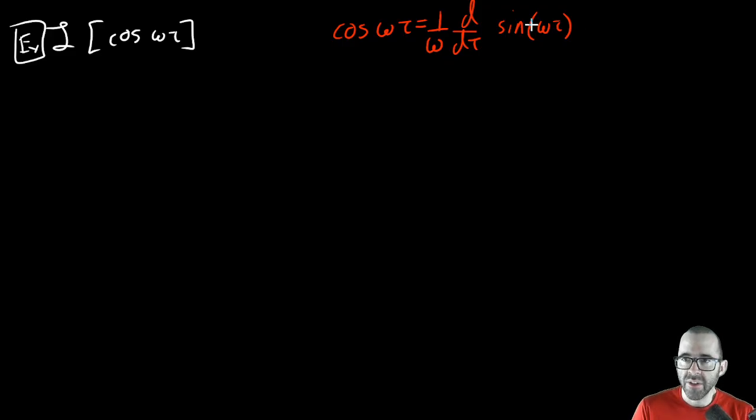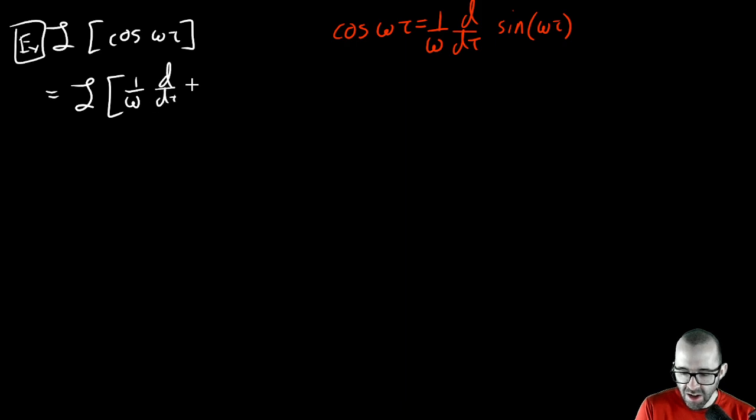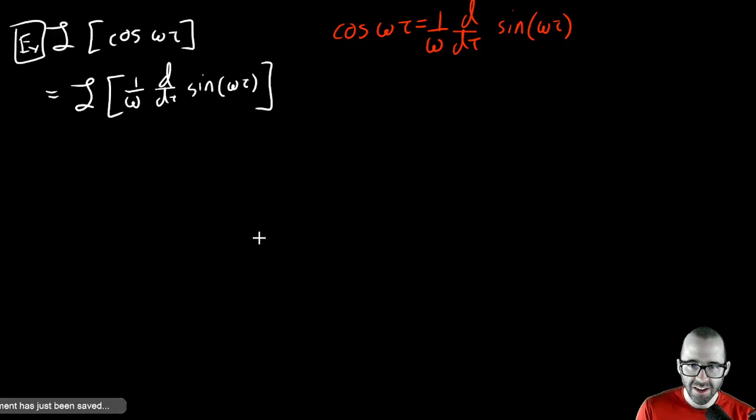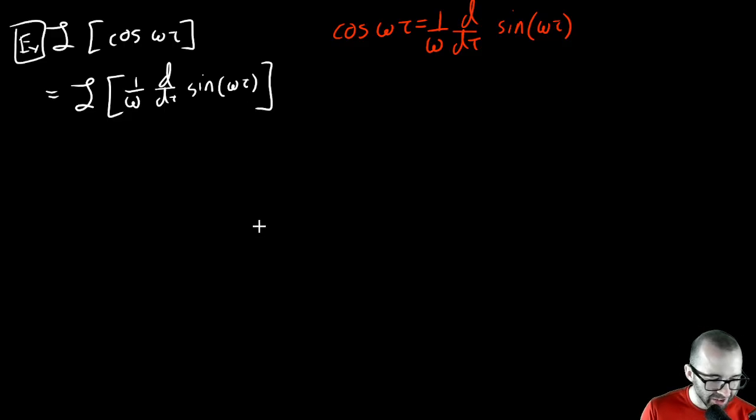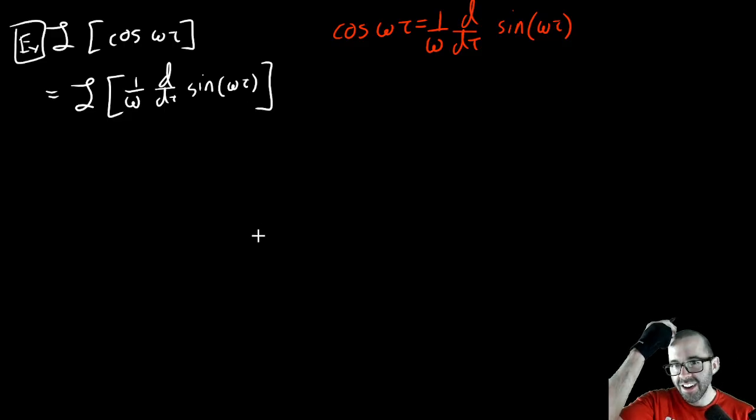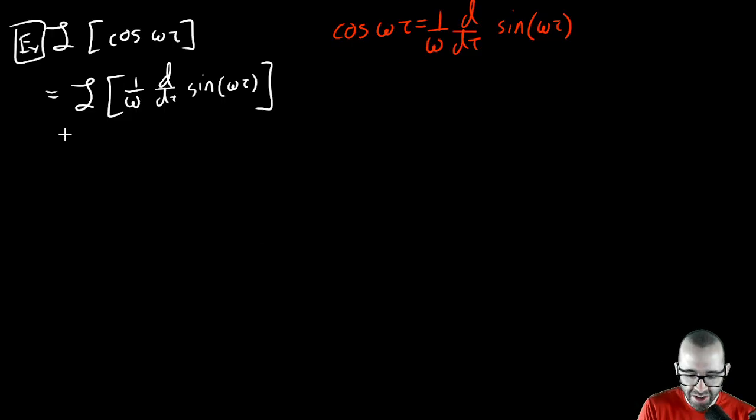Take the derivative of sine divided by omega, and that's cosine. So watch this. The Laplace transform of cosine of omega t is equal to the Laplace transform of 1 over omega times the derivative of sine of omega t. Oh. And now we're good to go because we know how to deal with all these things.